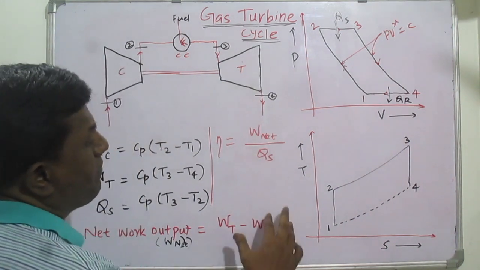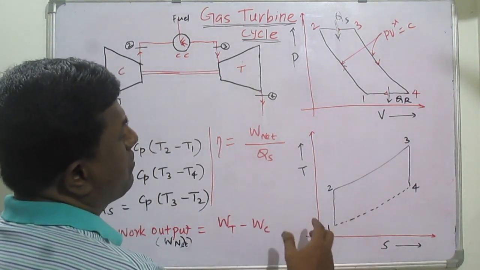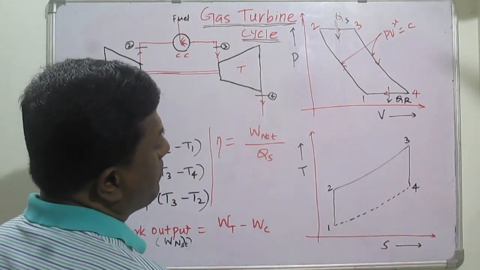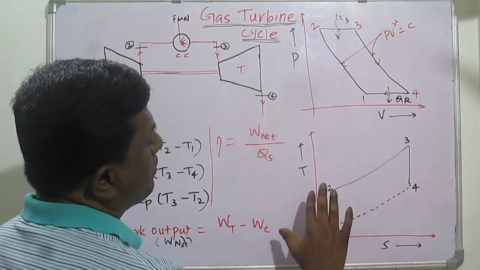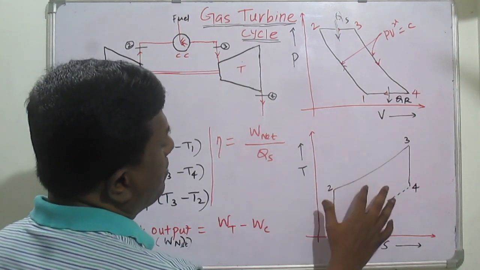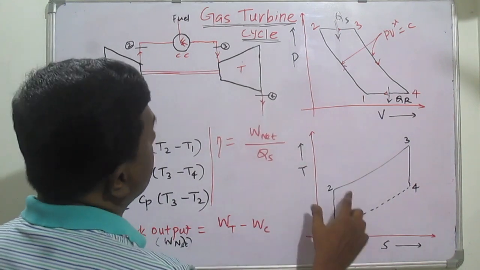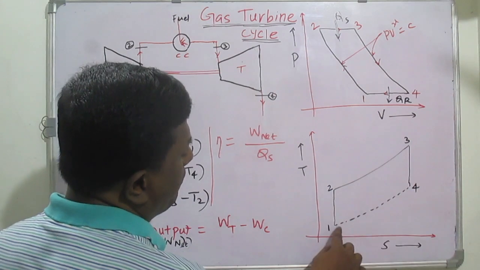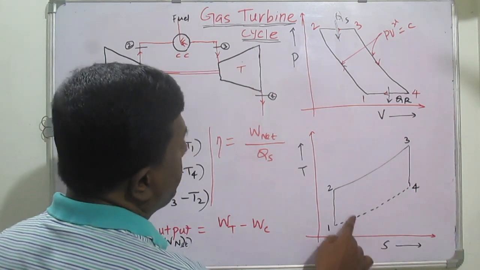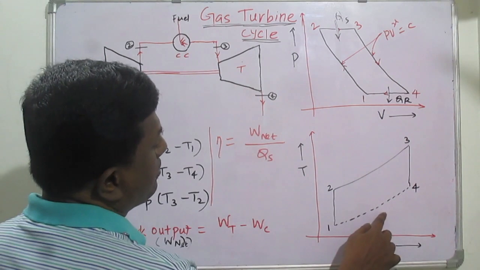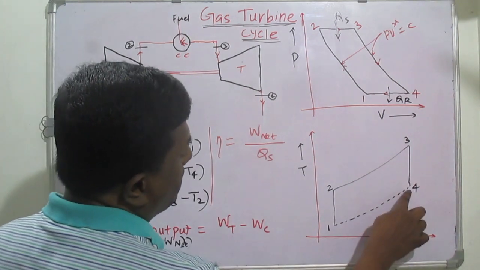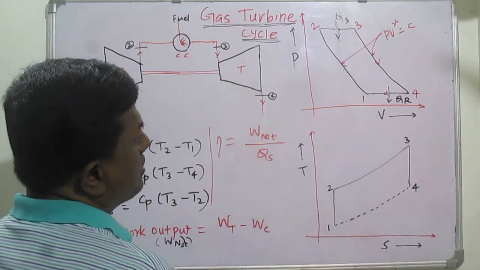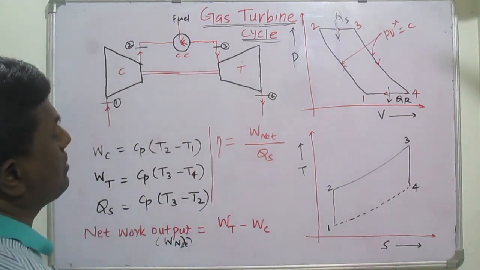This is a TS diagram, which we will discuss more in the upcoming classes. Right now it is just a sketch of how the TS diagram looks for the simple gas turbine cycle. We show it as a dotted line because it is an open gas turbine engine.